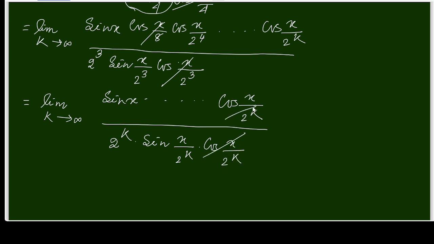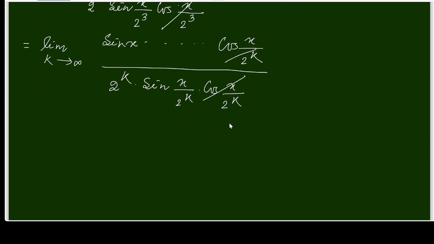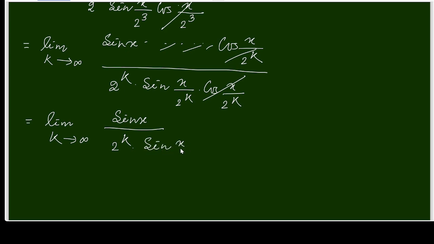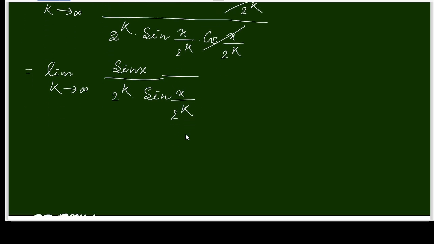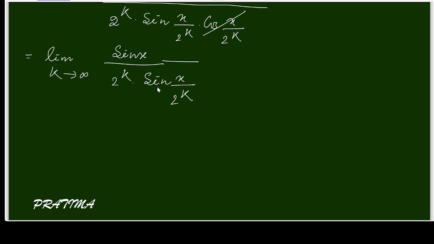So this will be cancelled. All this will be cancelled in between. So limit k tends to infinity, it would be sin x over 2 power k into sin x by 2 power k. But we have to prove that this is sin x by x.